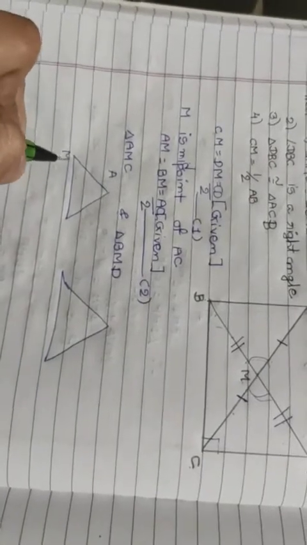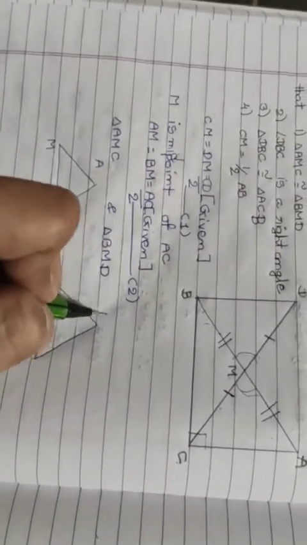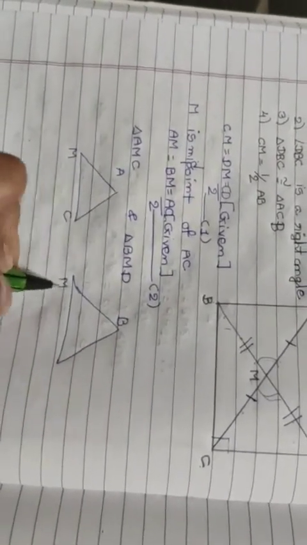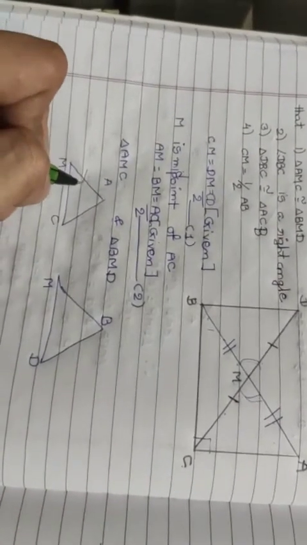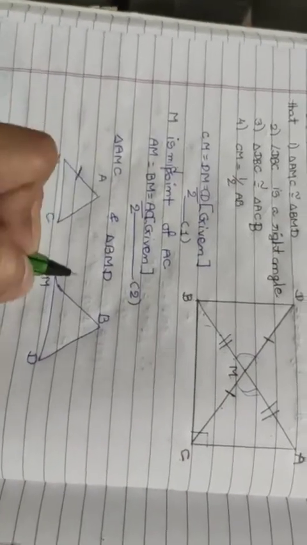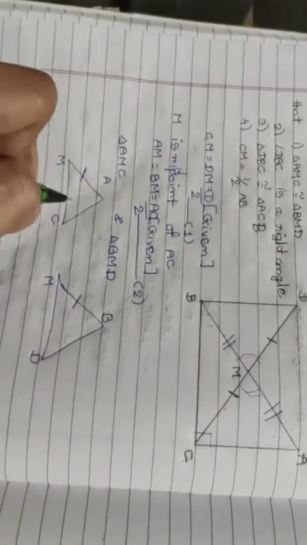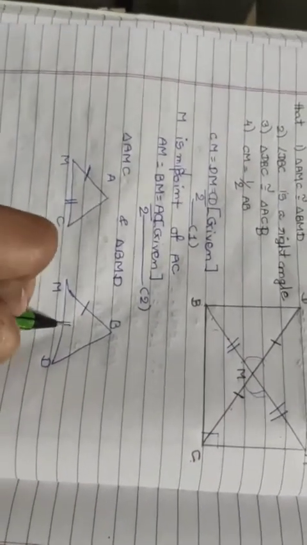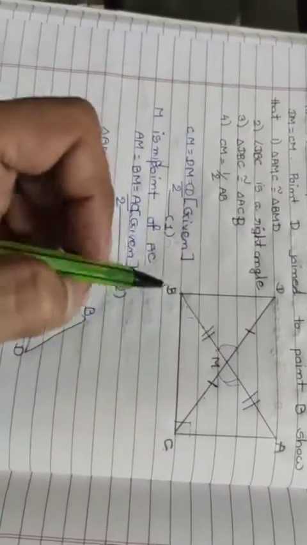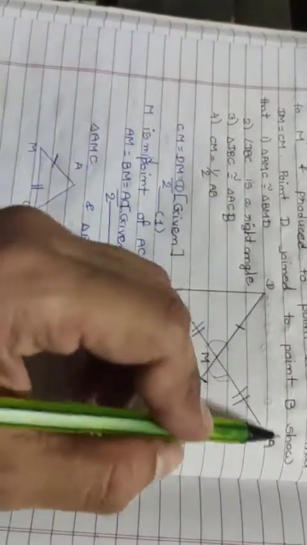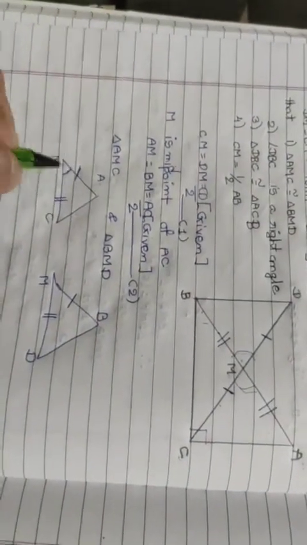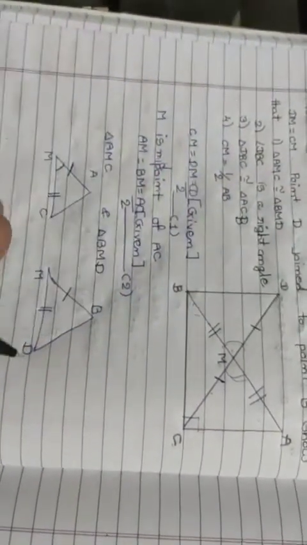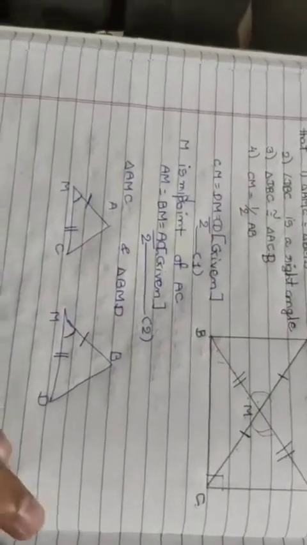Triangle AMC is equal to triangle BMD, right? AM is equal to BM, CM is equal to MD, and the vertically opposite angles are equal. AMC means this angle, and DMB means this angle, these two are equal.